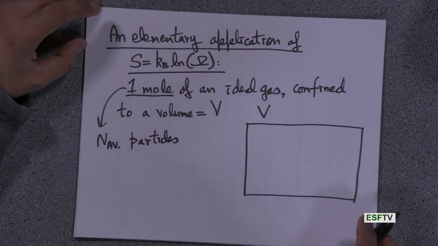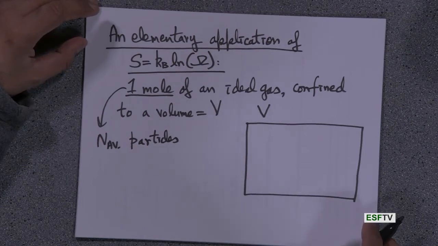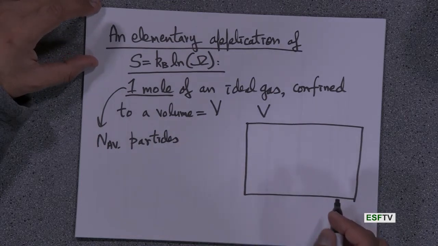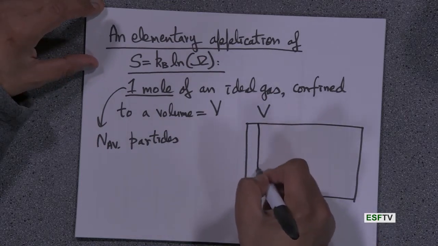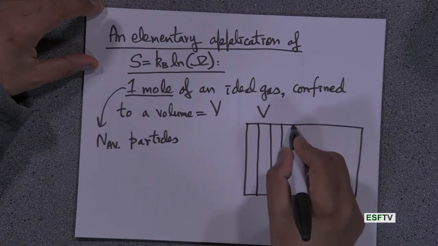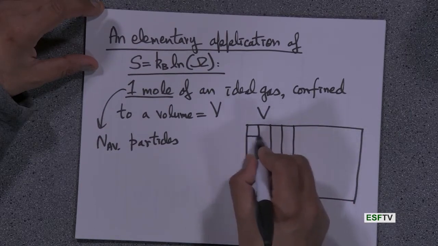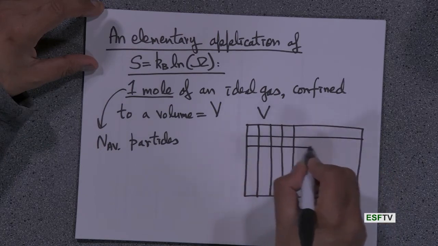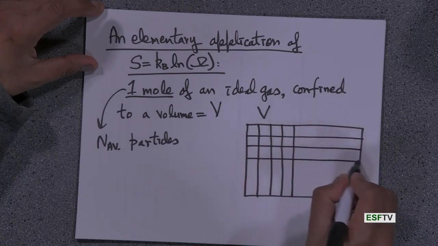Okay. How do we count the number of possible arrangements of the molecules in this box? One way to do that is to divide this volume into cells, into little boxes, like so.